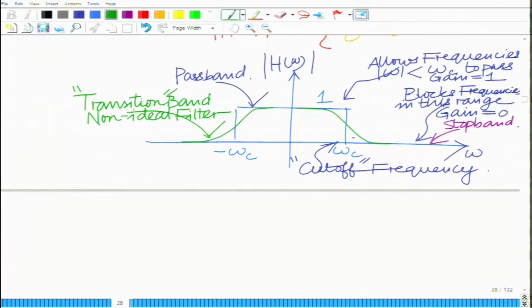So in a non-ideal filter you will also have a transition band where the frequency response is transitioning from the pass band to the stop band, where it is not exactly 1 or 0, but takes gains which are between 1 and 0.